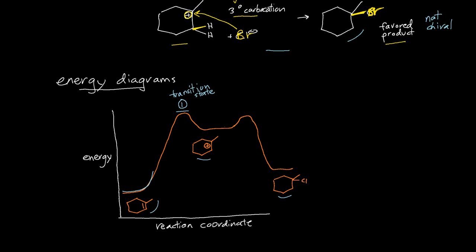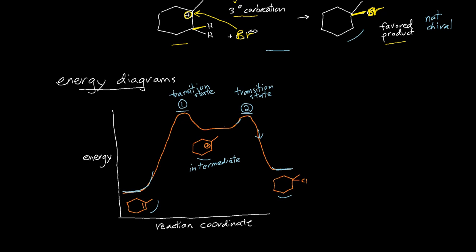From the intermediate, not transition state, intermediate, carbocation intermediate, you have a small energy hill to climb to transition state 2. Once it achieves transition state 2, it's all downhill to the final product.